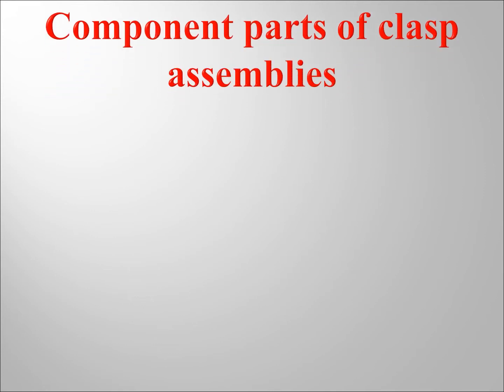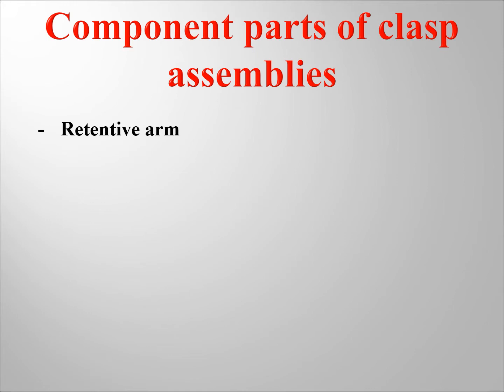Now, direct retainers, our clasp assemblies, the other type of the extracoronal direct retainers is the clasp. And we say clasp assemblies, not just clasps, because there are different components within the clasp itself.